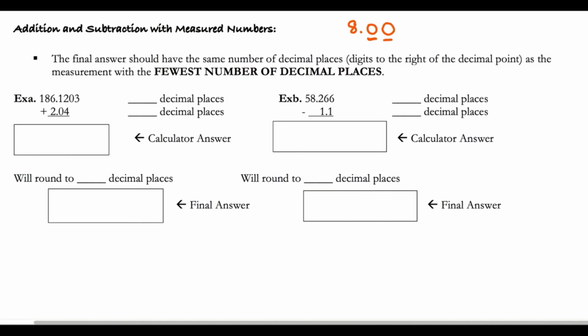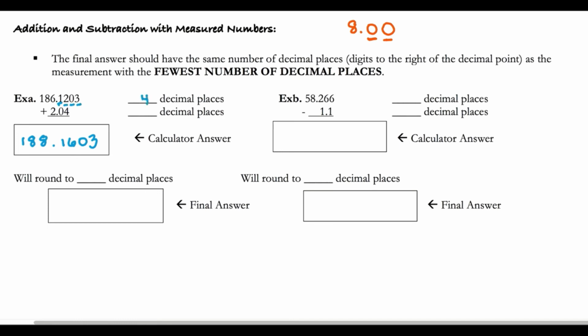Okay. So let's look at this problem. 186.1203 plus 2.04. I'm adding, so I know I'm going to have to use my rule with decimals. My calculator answer is 188.1603. That's unrounded. Now I'm going to look at my two values. 186.1203, there are 1, 2, 3, 4 decimal places.